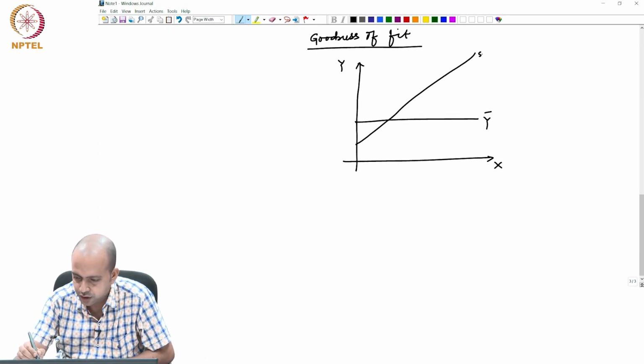This is the SRF, which is yi equals alpha hat plus beta hat xi.